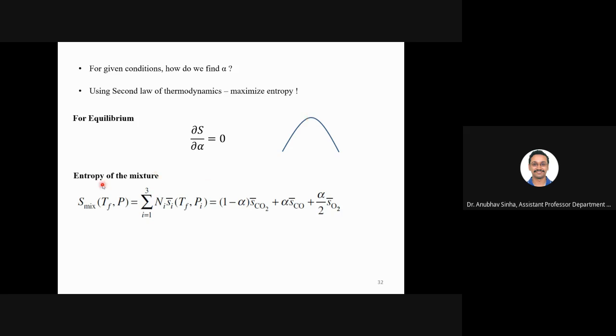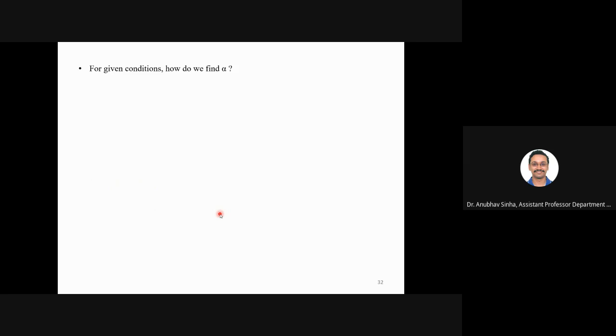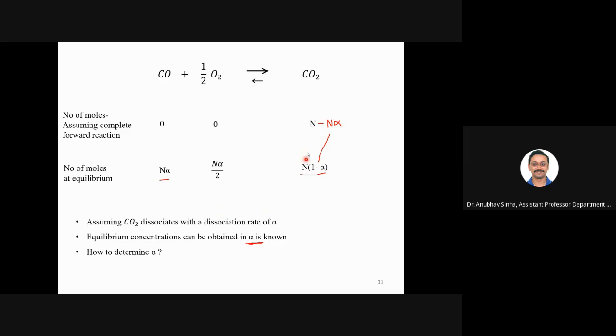Now, how do I find entropy? I'm talking about a mixture. So I'll take the entropy of each component and add that, using the number of moles and the entropy of that component. Let us say CO2. At equilibrium, what is the equilibrium composition? Let's go back here. For CO2 I have n into 1 minus alpha, this is n alpha and this is n alpha by 2.